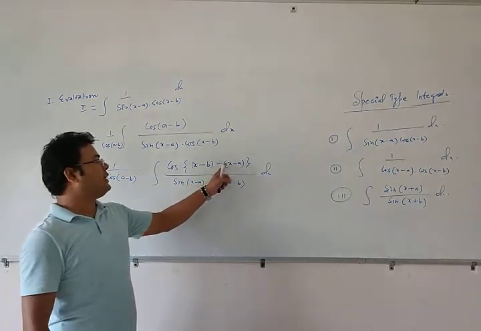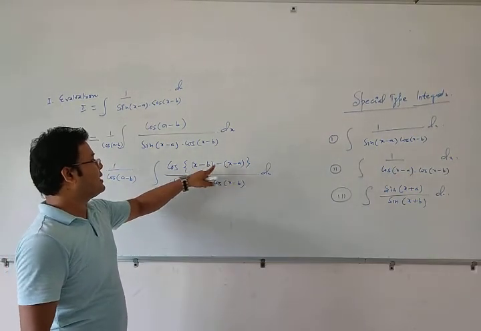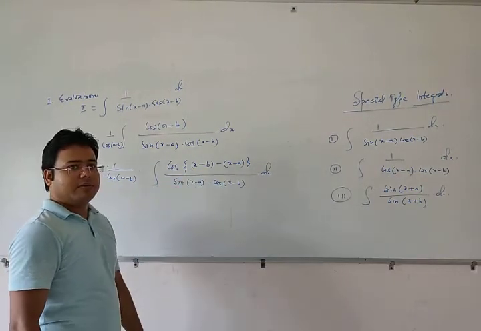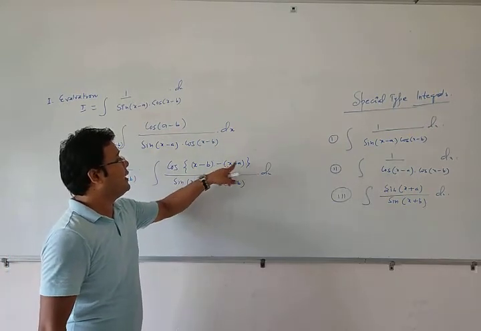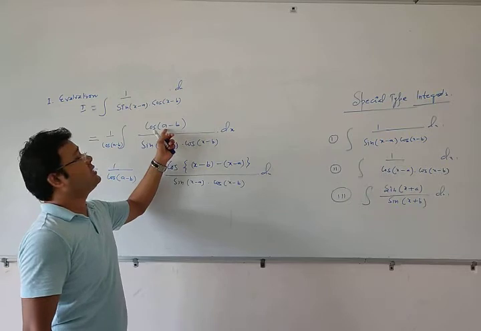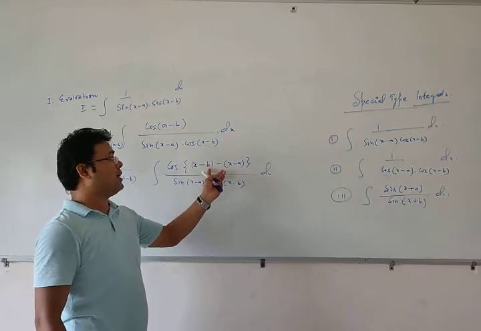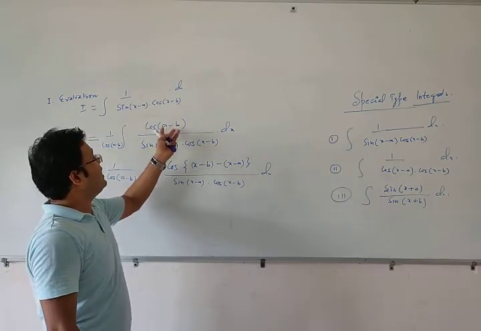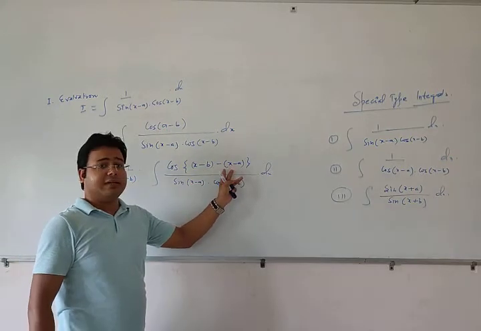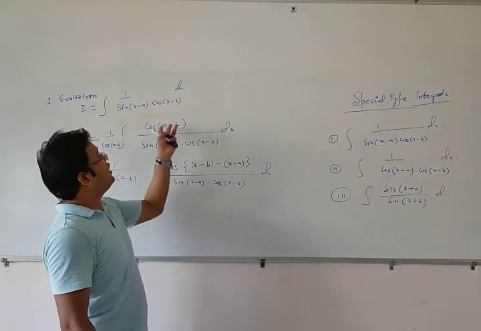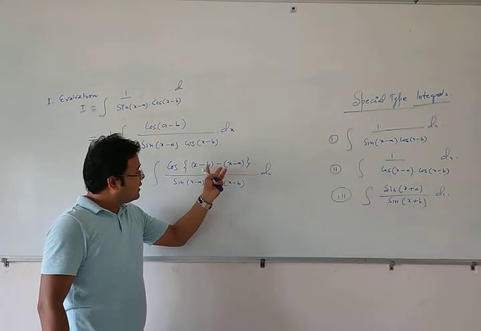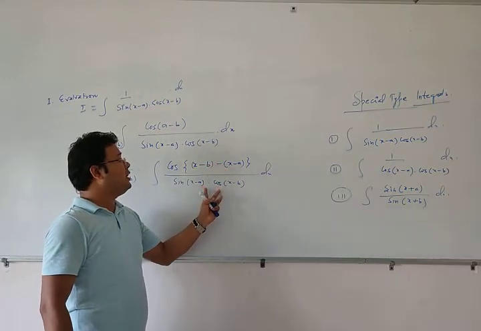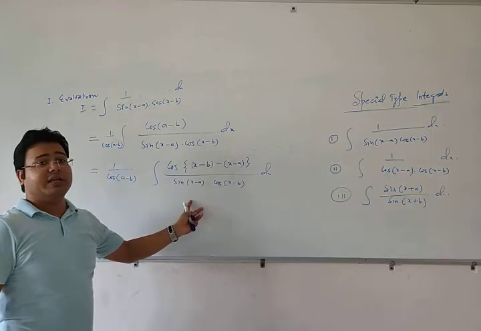If we break the bracket, then x minus x cancels out, and the remaining term is plus a minus b. So we have to write a minus b like this. If we write it like this, then we can evaluate this type of integral.